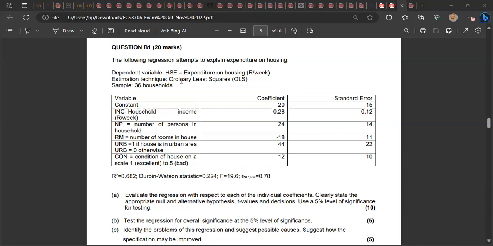All right. So what we are trying to estimate here is the expenditure on housing. That's what we are basically trying to estimate there.